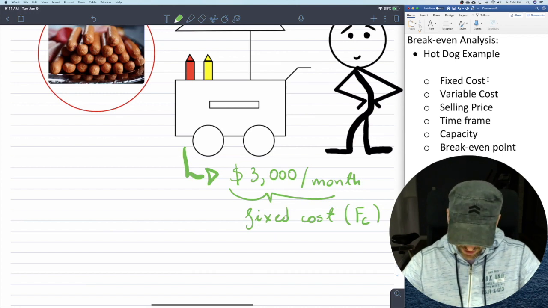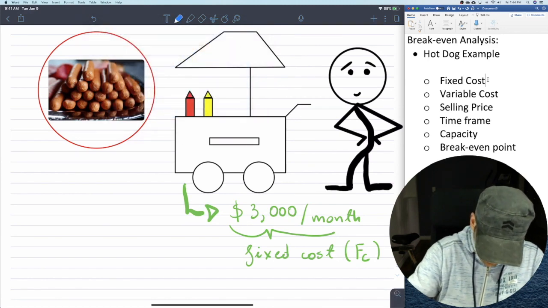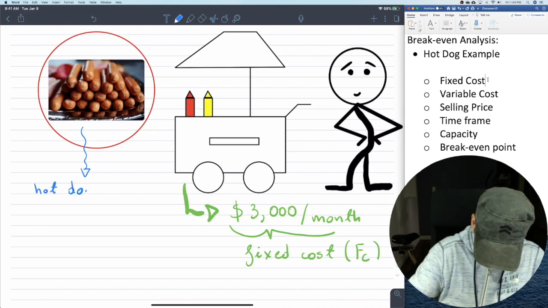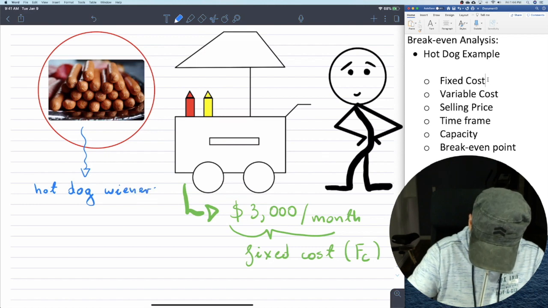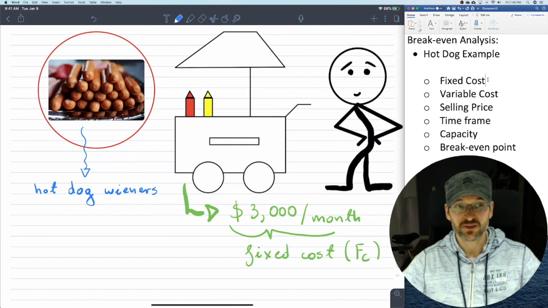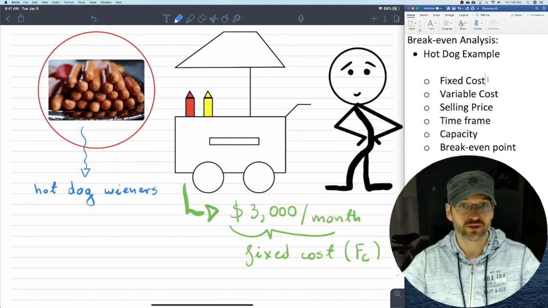Now, what other costs do we have? Well, we have some other costs. For instance, we might be selling these hot dog wieners, whatever they are made out of. Now, for this particular cost, you can buy them in bulk, which probably most vendors do.